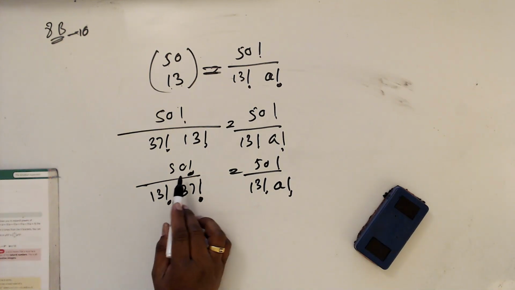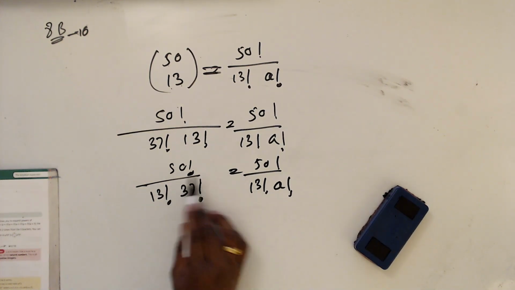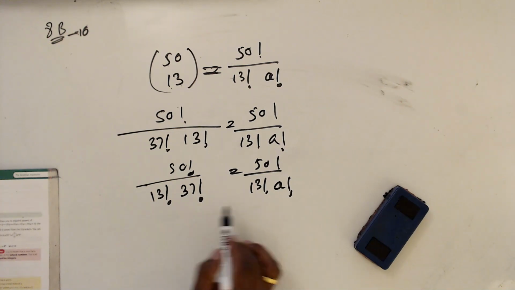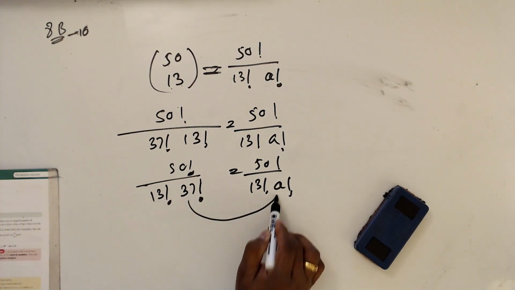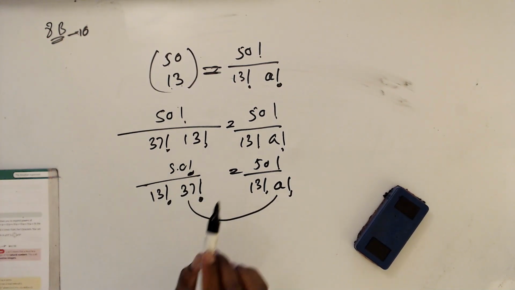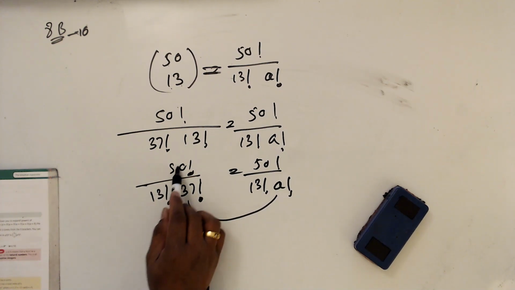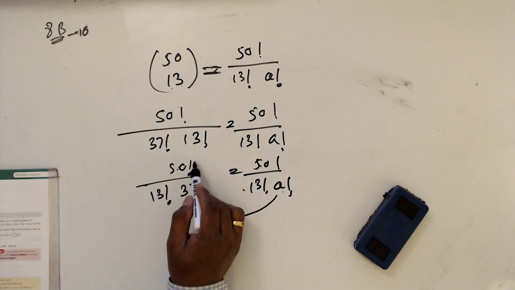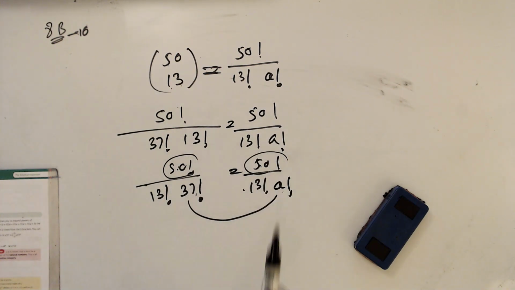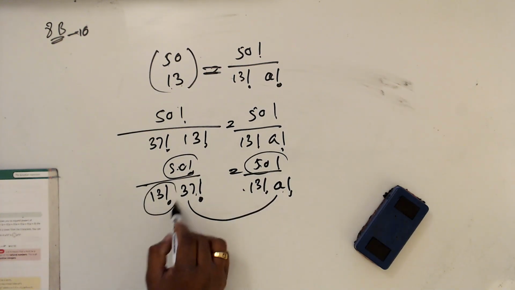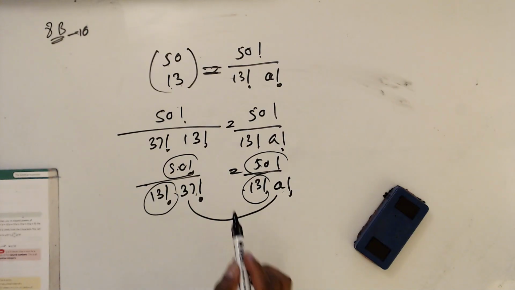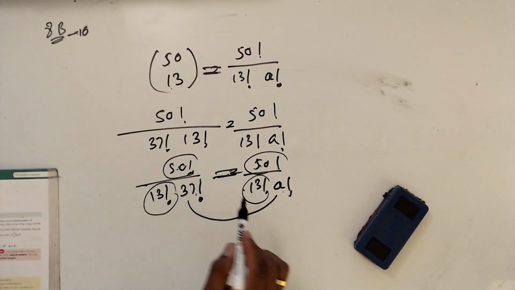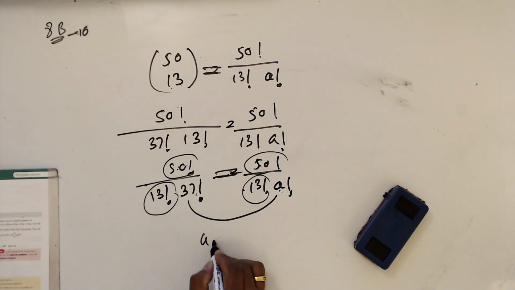Now when you make those two equal, you can see that a has to be 37. This is equal to this one. How many parts are there? 1, 2, 3 and 1, 2, 3, right? 50. This is equal. This is equal. Then to make this one equal, a has to be 37.